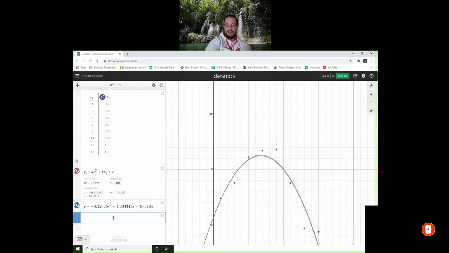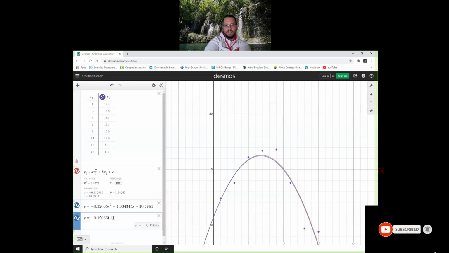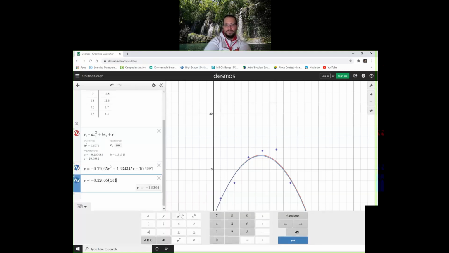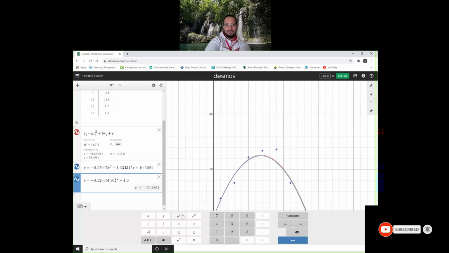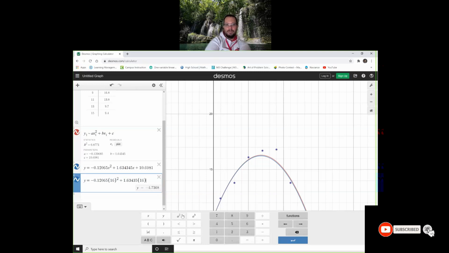So say y equals negative 0.12065 parentheses 16 with the square button plus 1.63435 parentheses 16 plus 10.6981.